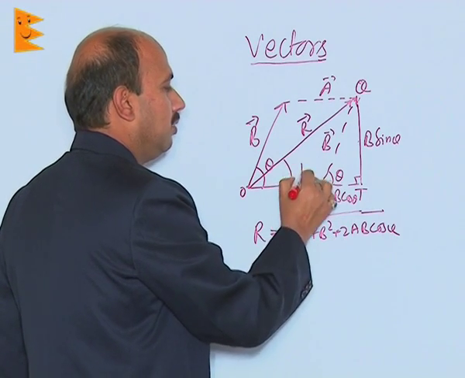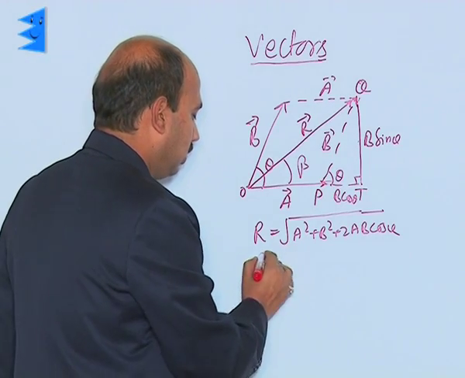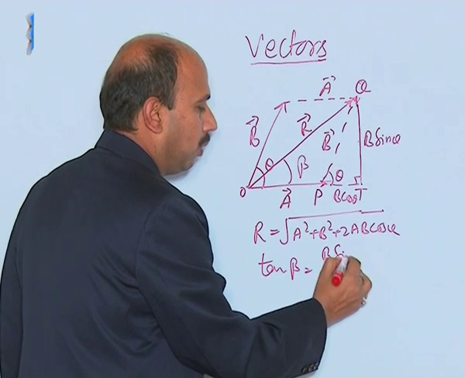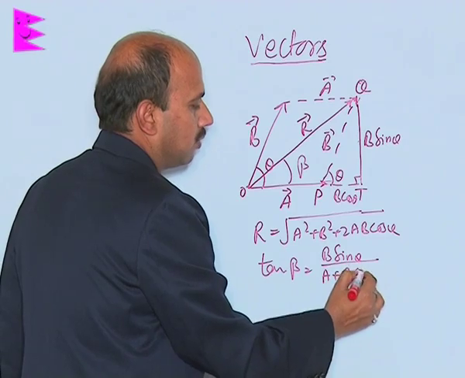And if you are taking this angle beta, that means the resultant making angle beta, you can get tan beta is equal to b sin theta upon a plus b cos theta.